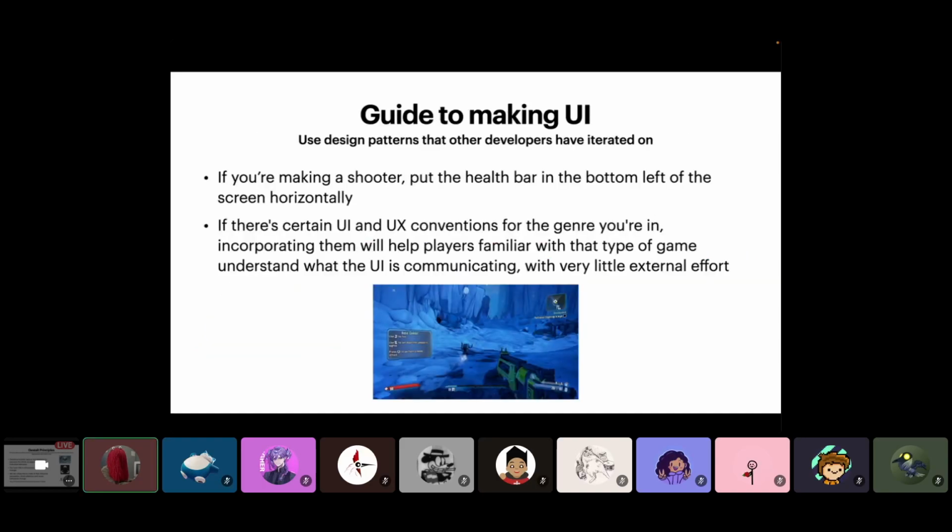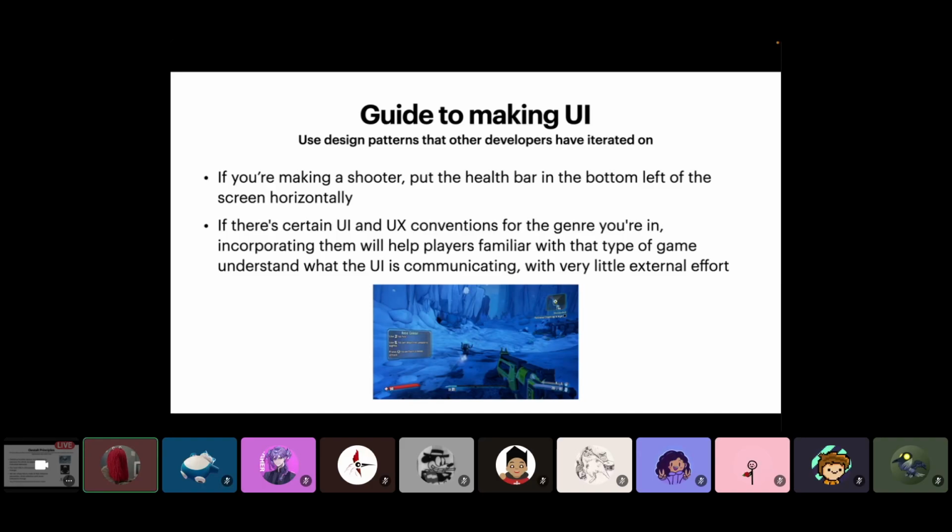Okay. So here I made a short guide to making UI from an article I read. The first tip is that if you're making a certain genre of game, you want to use patterns that other developers have used.